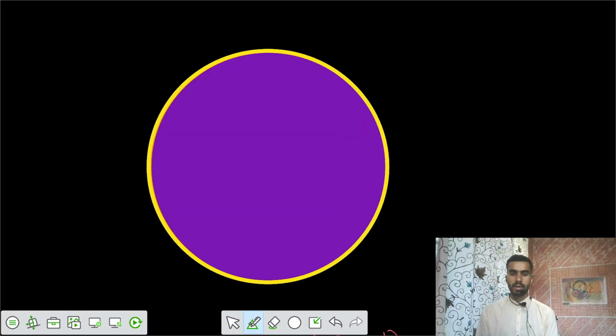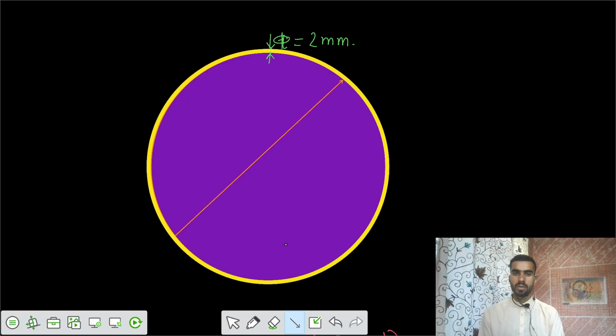Let's say this is the wire, of thickness or diameter phi equals 2 mm, and the diameter of that circle, the shaft, equals 1 meter.